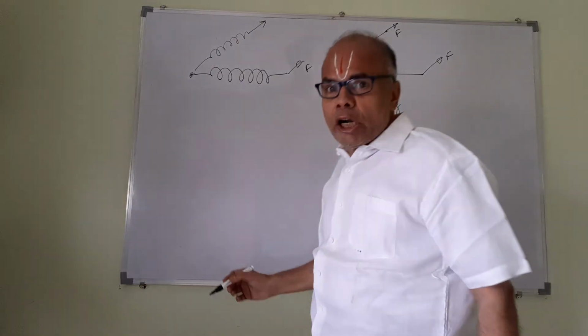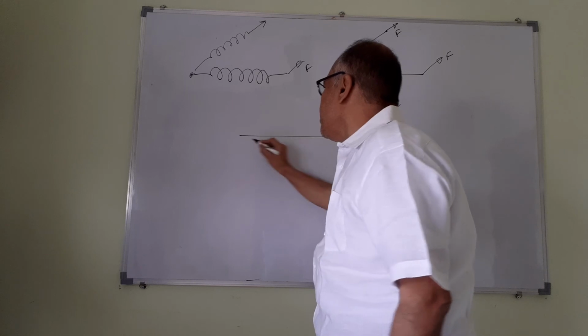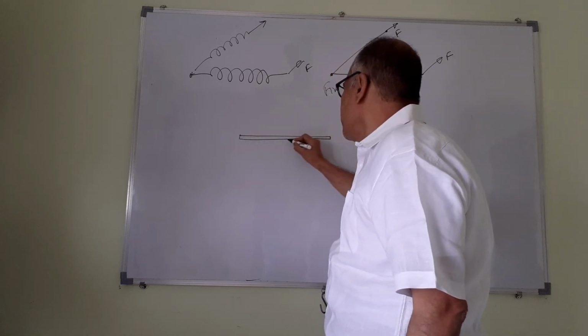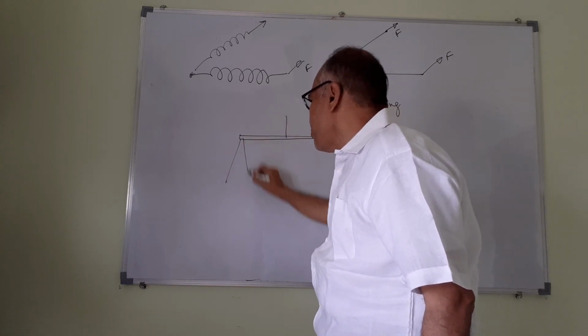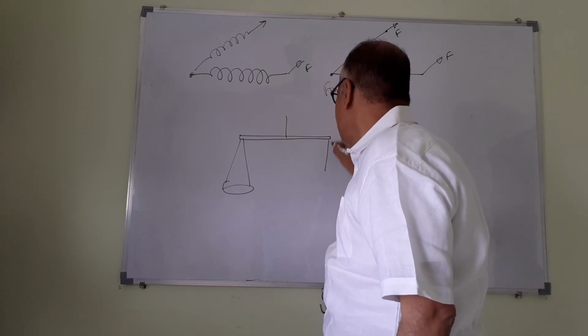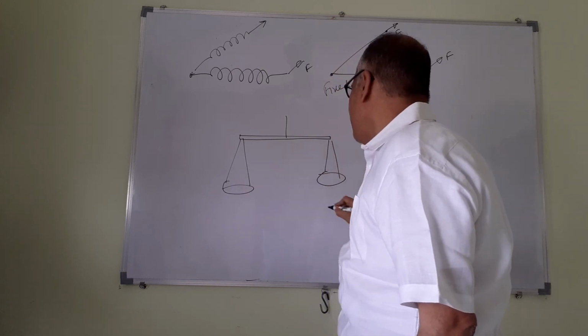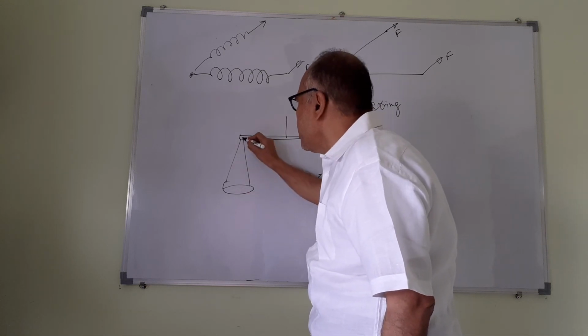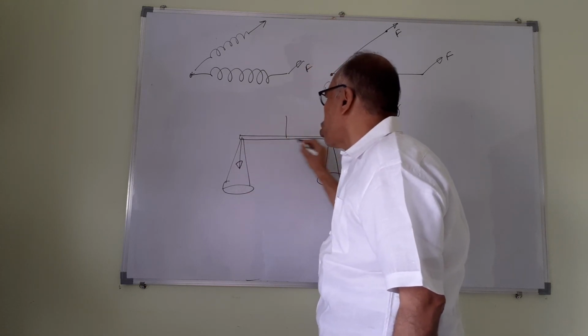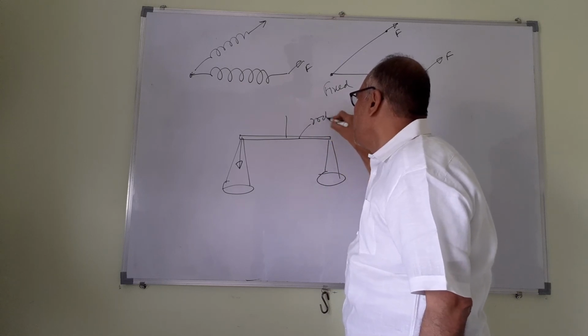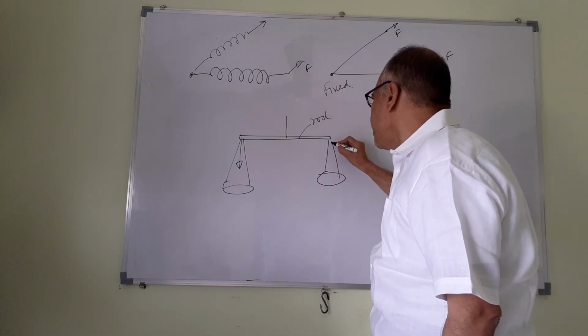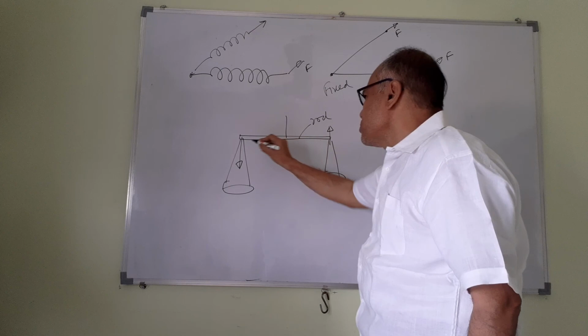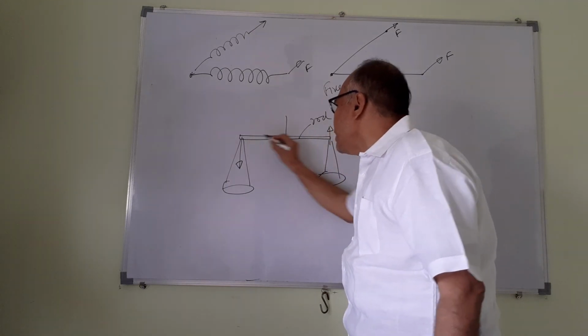This is unlike a rod. Supposing you have a weighing scale and you have pans here. The weight which you put here applies a force like this on the rod. This is a rod and is able to transmit it to this, and these forces are not along the length of the rod.